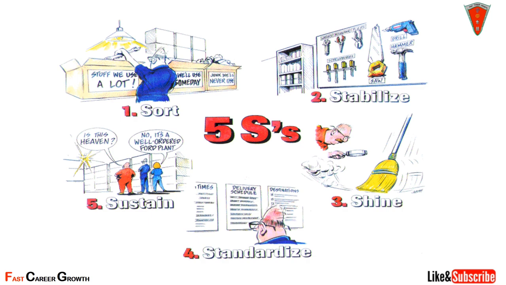You have to do the sorting, you have to do stabilize, you have to do how to clean effectively, you have to do the standardization, you have to do the procedure to sustain all these activities. These are certain terms in Japanese, and this 5S will be taught in another video.